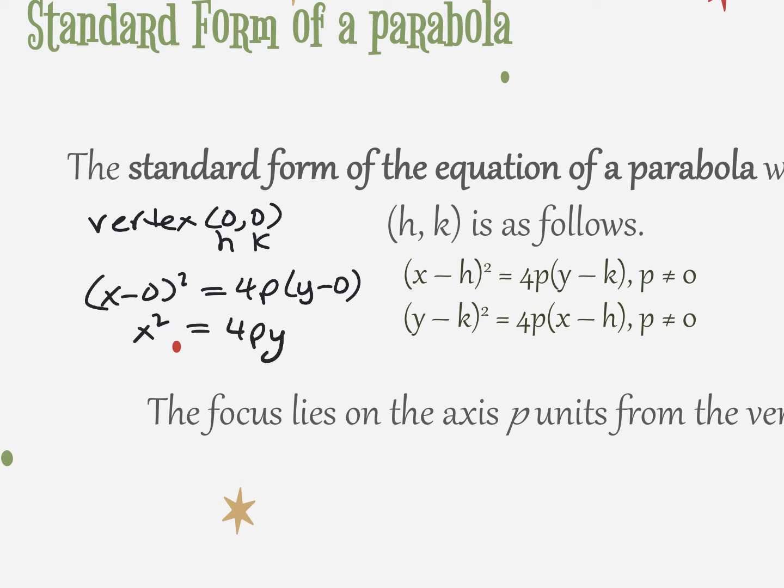So if you don't want to memorize this, if you'd rather memorize just both of these, you can. And even when your vertex is at 0, 0, you would just put in 0 and 0 for h and k. And again, same thing as before, the p-value tells me the distance that the focus is from the vertex, and it also tells me the distance that the vertex is from the directrix. So let's try some examples.